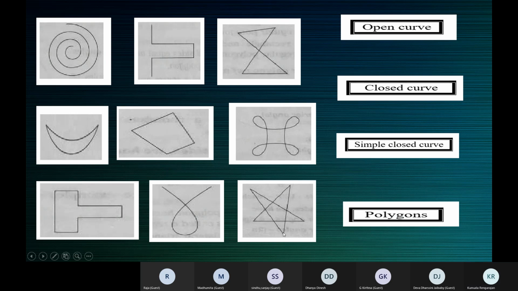Try it. I'll do it again for you if you want. See here, you can start from anywhere. I start from here like this. Then like this. Then come down like this. Then go like this and come back to the starting.